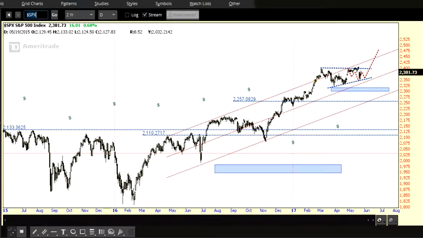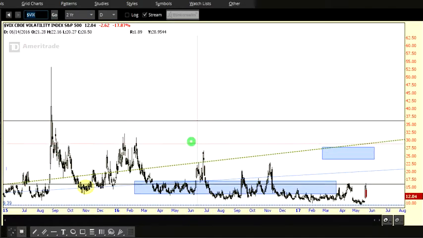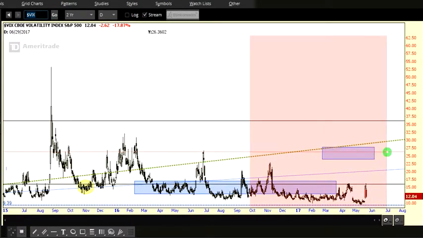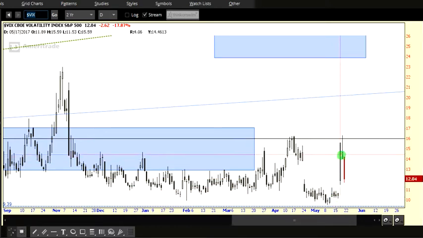All right, let's look at the VIX real quick. The VIX obviously took off this week. I say obviously, may not be that obvious if you don't follow this kind of stuff regularly. But it shot up really high on this downtrend, and then as quickly as it shot up, it pulled right back.